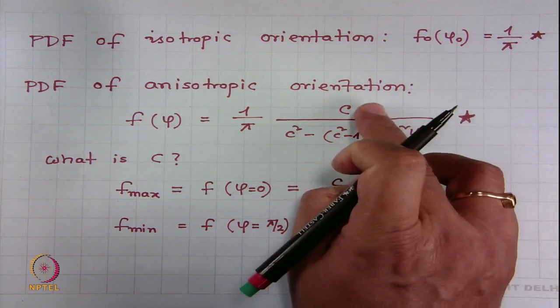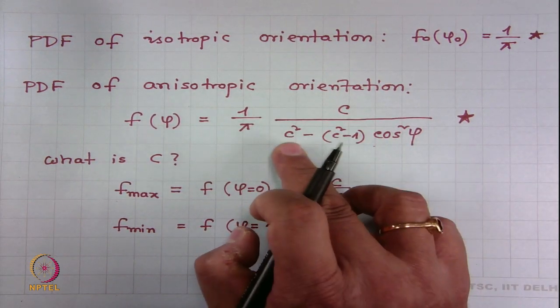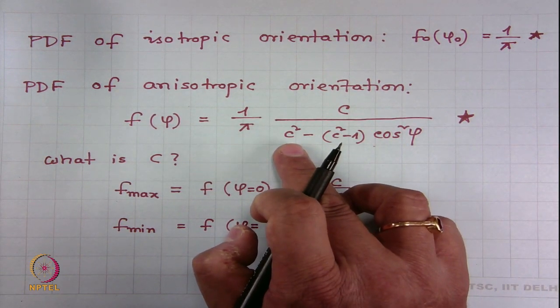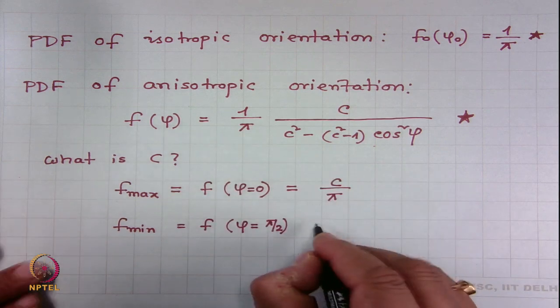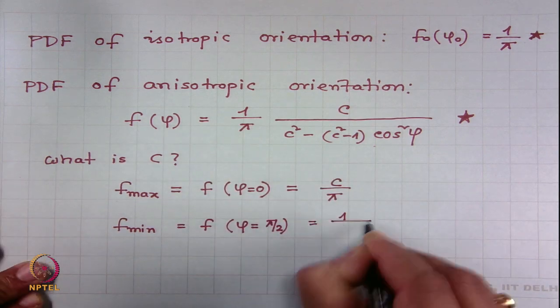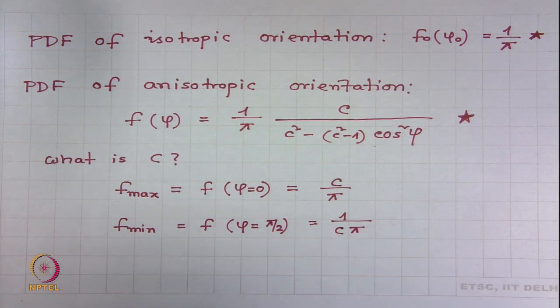In the numerator c, in the denominator c square. So, 1 c remains in the denominator and pi is already there. So, it becomes 1 by c into pi.